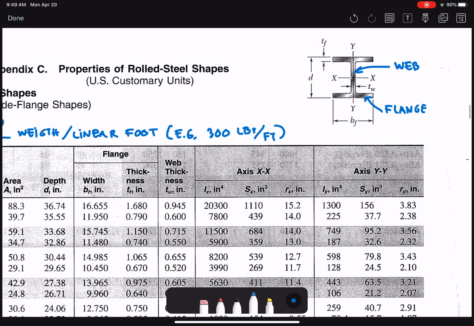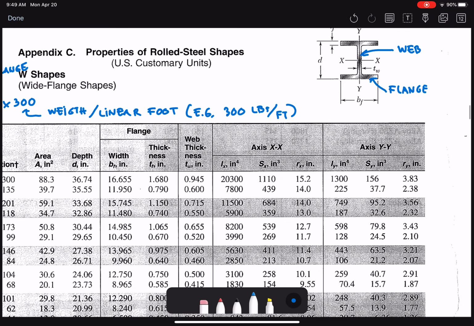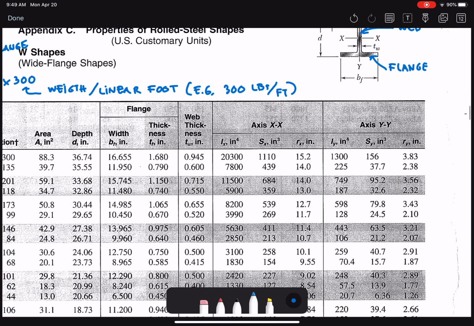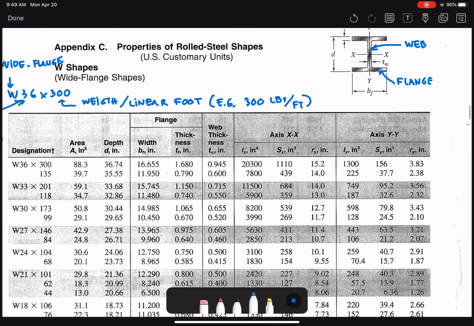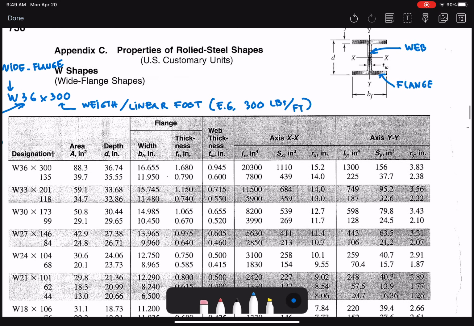As you can see, for all cross-sections, take for example the W36 x 300: Ix equals 20,300 inch^4, while Iy is only 1,300 inch^4. What does that mean?